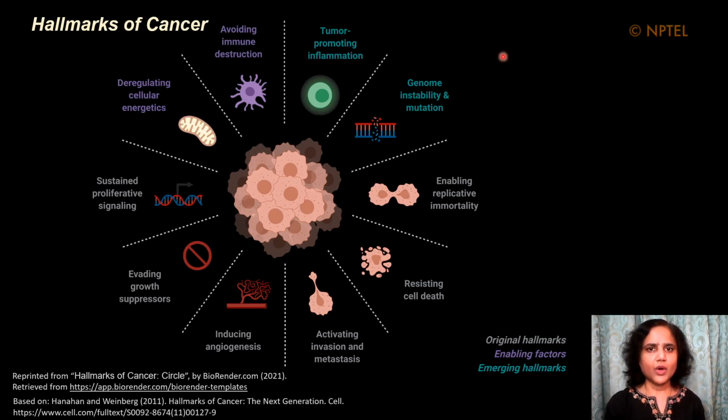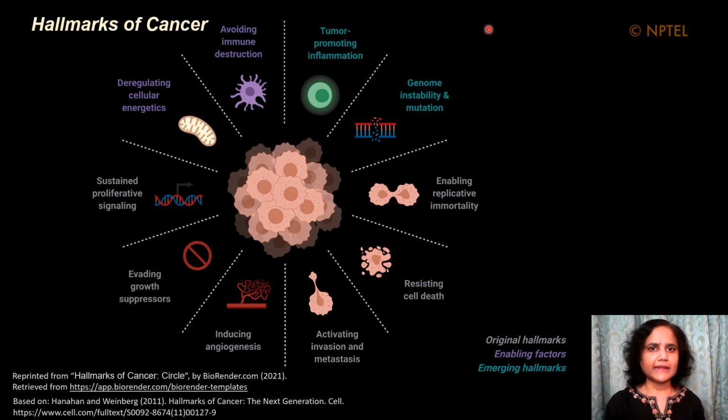The original hallmarks that were described earlier are increased or unlimited proliferation and replicative immortality of cancer cells, the ability to resist cell death, activation of invasiveness and metastasis, induction of angiogenesis, that is blood vessel formation, and then evading growth suppression, and sustained proliferative signaling, which again results in the uncontrolled division of these cells.